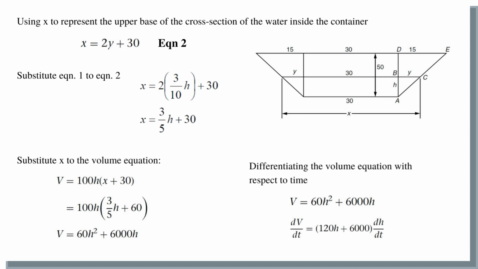And so finally, simplifying this equation would give us the volume equal to 60h squared plus 6000h.